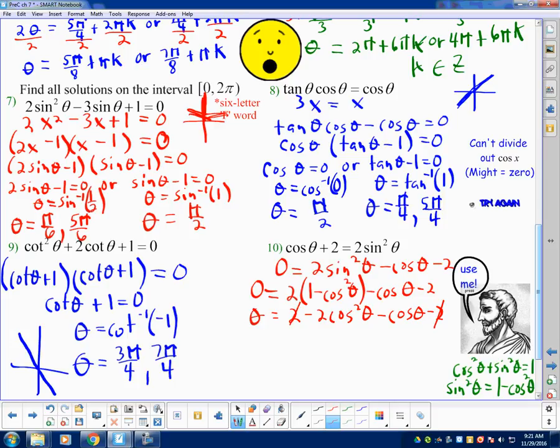I could move everything over to the left, or divide through by -1, your choice. But this is 0 equals 2 cosine squared theta plus cosine theta if I divide through by -1. And then we're ready to factor this thing.